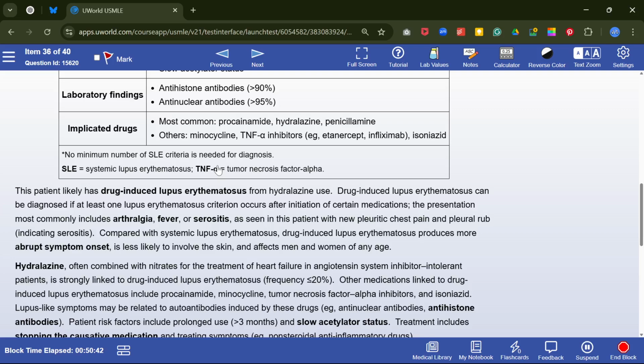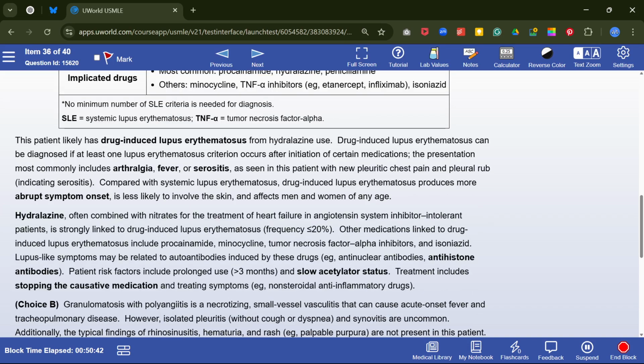Other medications linked to drug-induced lupus include procainamide, minocycline, TNF-alpha inhibitors, isoniazid. Lupus-like symptoms may be related to autoantibodies induced by these drugs, antinuclear antibody, antihistone antibody. Patient risk factors include prolonged use more than 3 months and slow acetylator status. Treatment includes stopping the causative medication and treating symptoms.